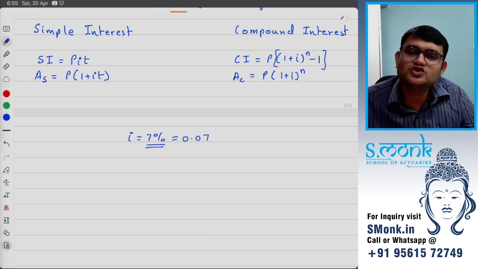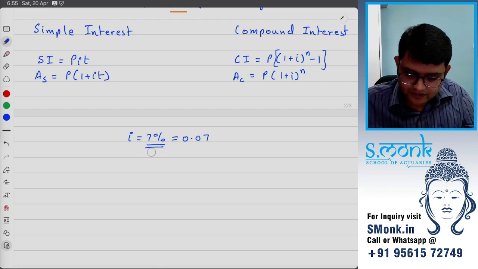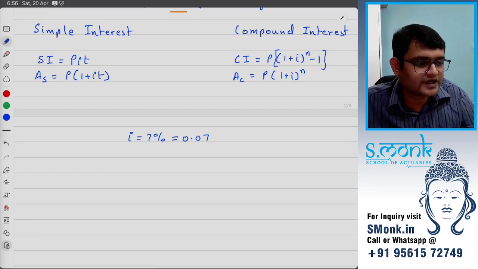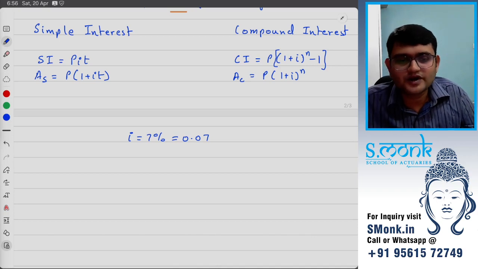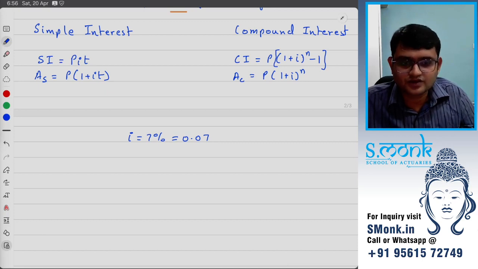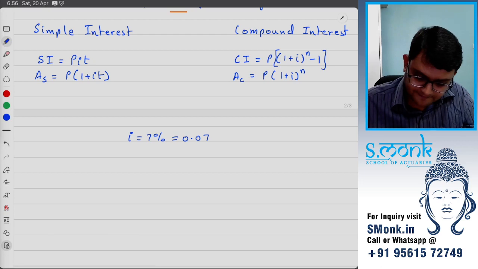It already includes the division by 100. Students, you might have learned R by 100 during your school days and college days, but we are going to just write it as I. 7% means 0.07. It does not mean 7.